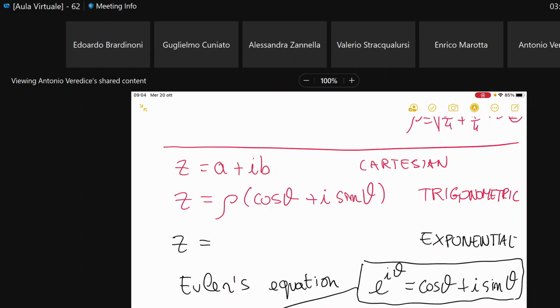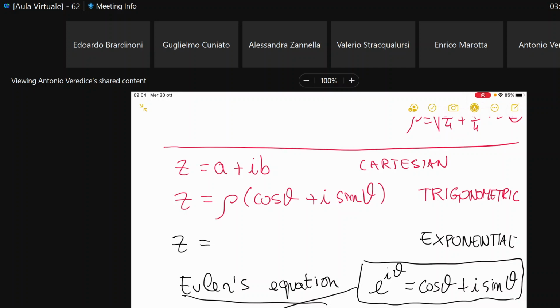So this was just a curiosity. We introduced the Euler equation in order to write down the exponential form of the complex number.